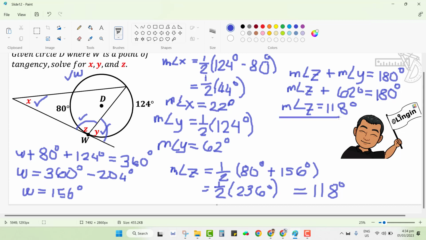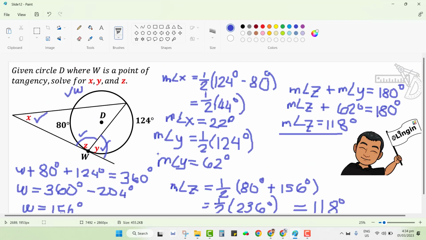Look at the values solved earlier using the linear pair postulate, and this one using an angle formed by a tangent and a chord, whose measurement is half of its intercepted arc. They are just the same. So this is how we solve the unknown measurements for the given circle D.